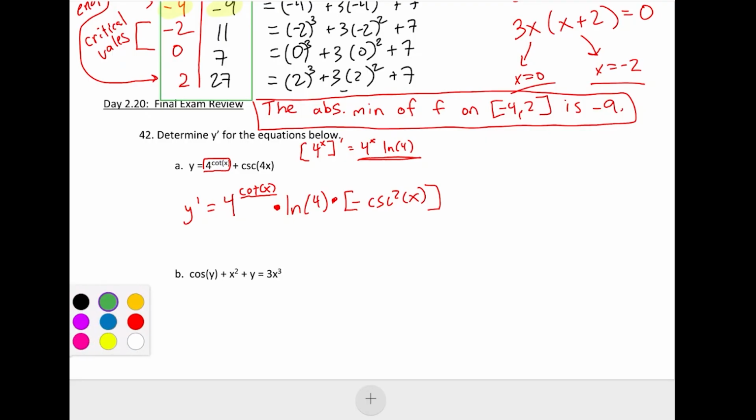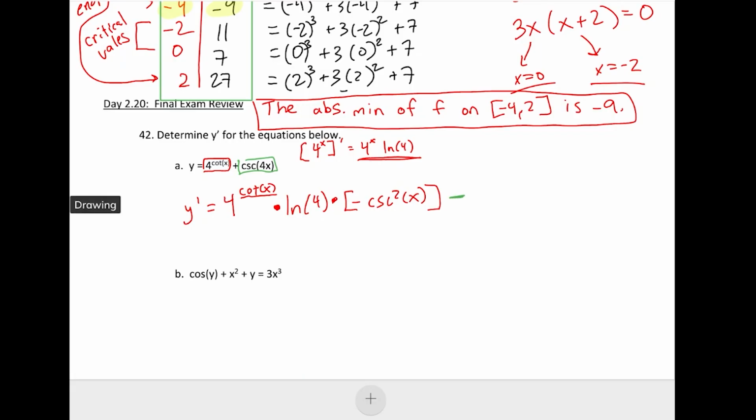And then, well, maybe I'll do the second piece in a different color here. So the second piece is the derivative of cosecant 4x. Now, the derivative of cosecant is negative cosecant times cotangent, but we are going to have to use chain rule here. So I actually do not want a plus there.